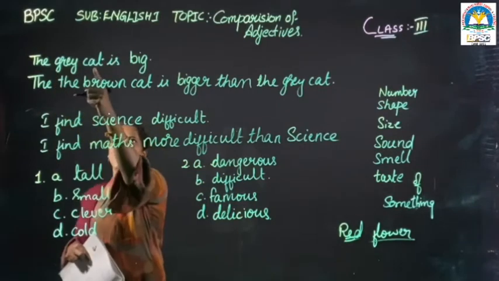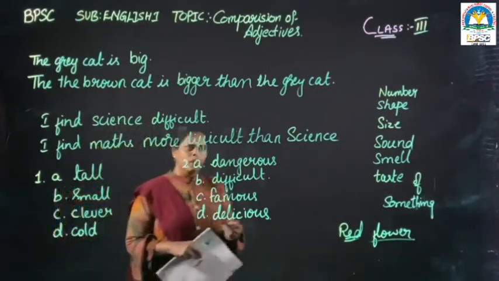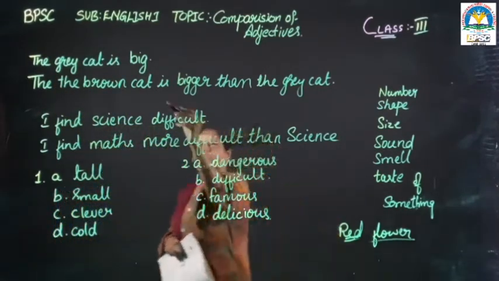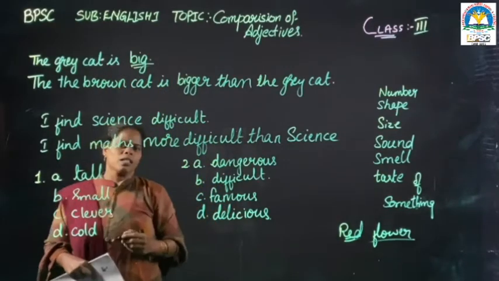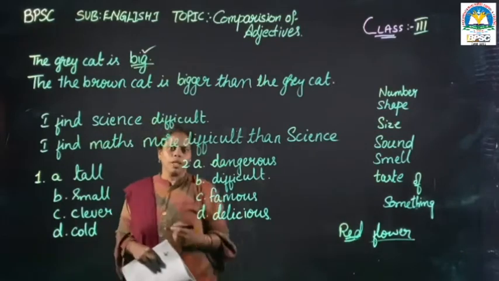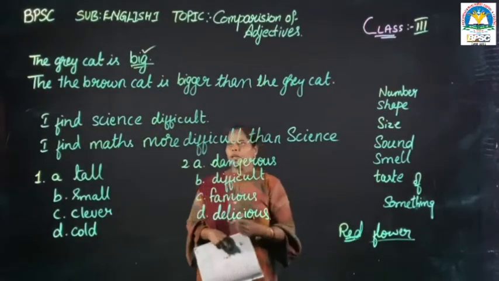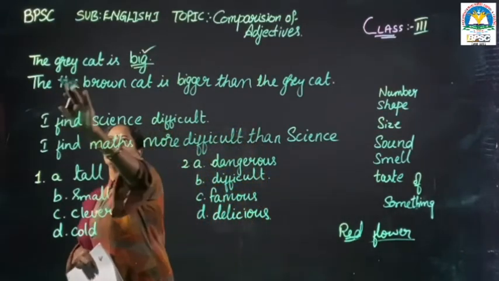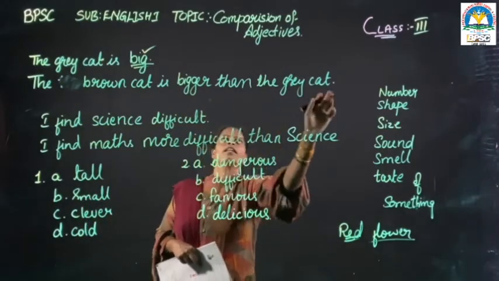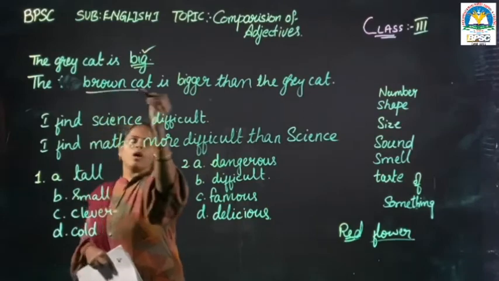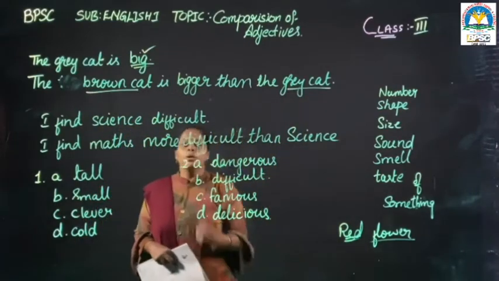The grey cat is big. Now you are explaining about the cat. How is the cat? Big. So here big is what? Adjective. Okay. The brown cat is bigger than the grey cat. So here brown cat, grey cat, two cats are there.